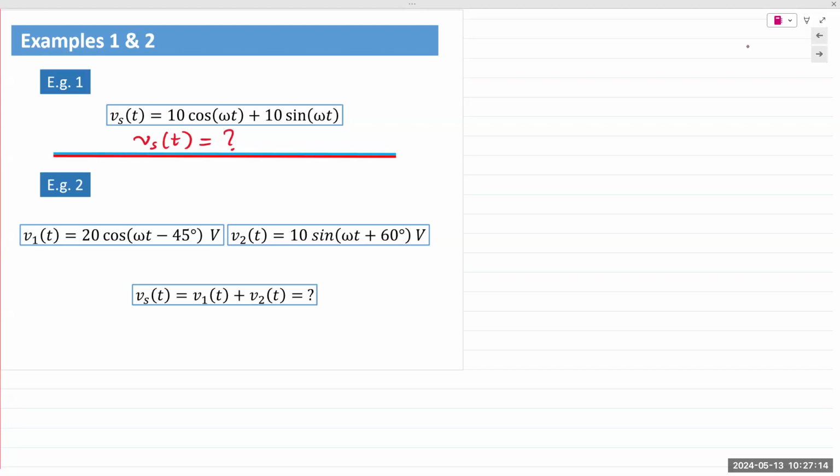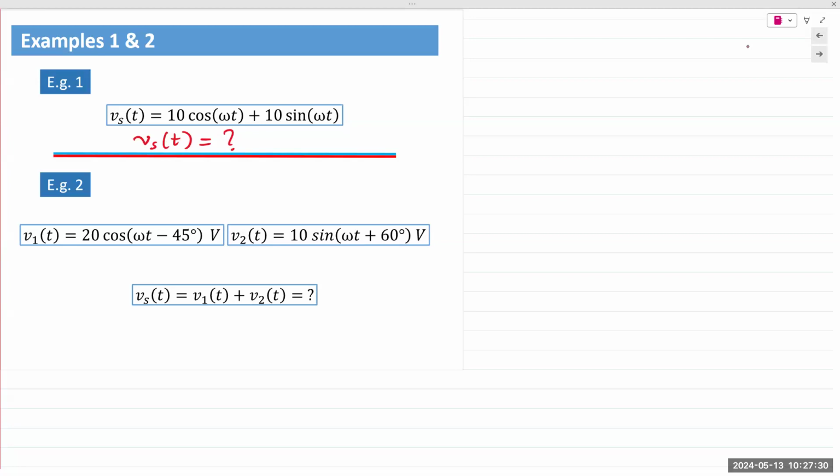So when we are adding or subtracting 2 sinusoidal waveforms, the first thing we have to ensure is that the frequencies are the same.